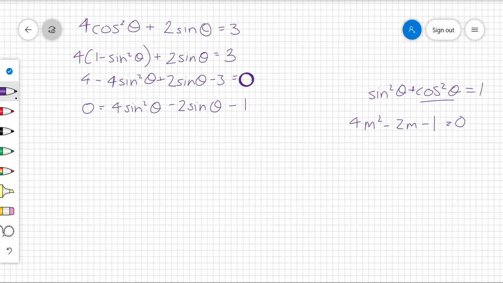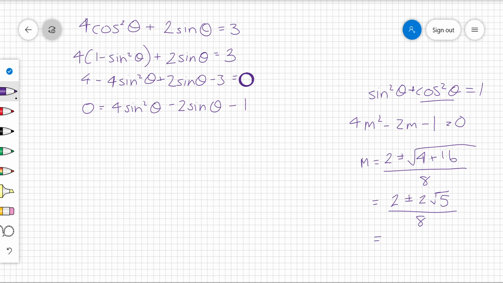For example, you could use the quadratic formula: negative b plus minus square root of b squared minus 4ac, over 2a. So we're going to get 2 plus minus the square root of 20. 20 is 5 fours, so this is root 5. 5 fours over 8.